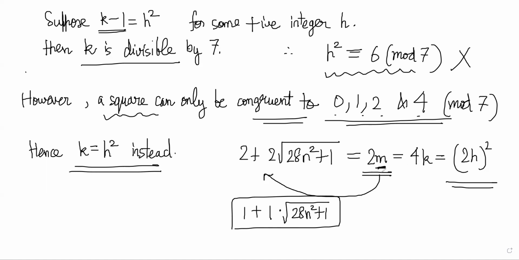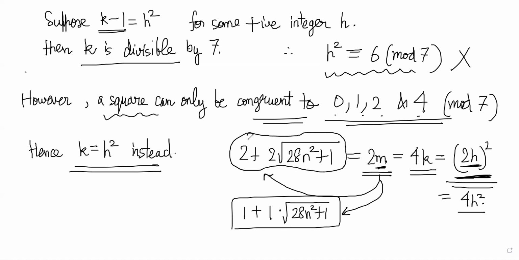We had started off with m being 1 time this. So this is 2m and m was 2k. So this is 4k and k is h square. This is becoming 2h whole square, 4h square, where 2h is an integer. So we have proved that this is a perfect square.